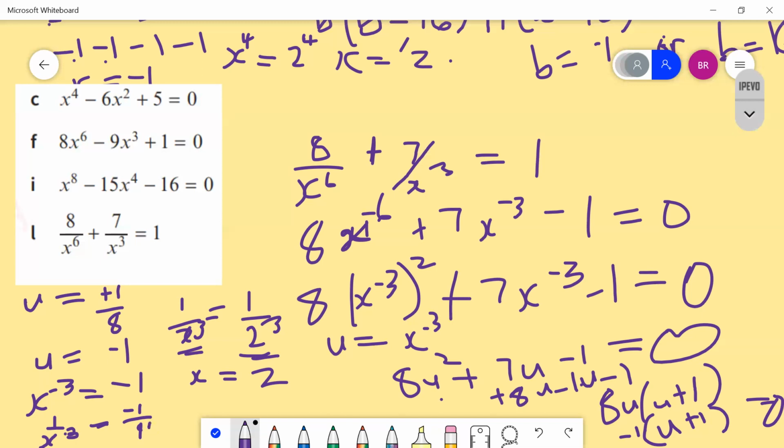So our x is the same as minus 1 in this case. We can write this to the power of minus 1, because the cube root of minus 1 is minus 1. So the answer is minus 1. Okay, so x is minus 1, like this. Right, so these are the values of my x: 2 or minus 1.